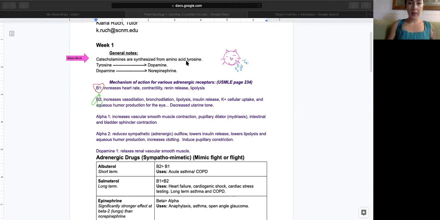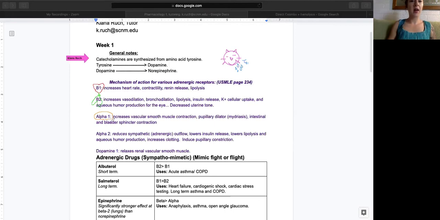Alpha 1. Alpha 1 are found a few places. They'll increase vascular smooth muscle contraction, so they're going to increase the blood pressure. For alpha 1, increase blood pressure. Pupillary dilation, which is mydriasis, so alpha 1 will make the pupils bigger.